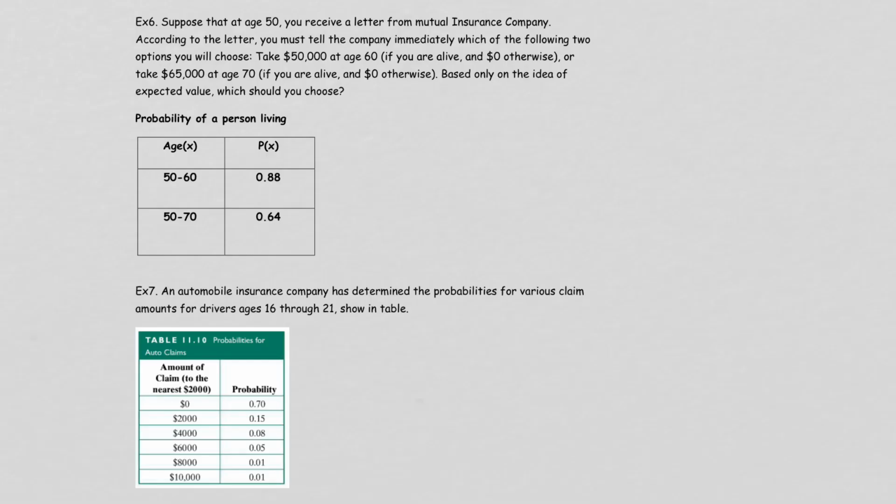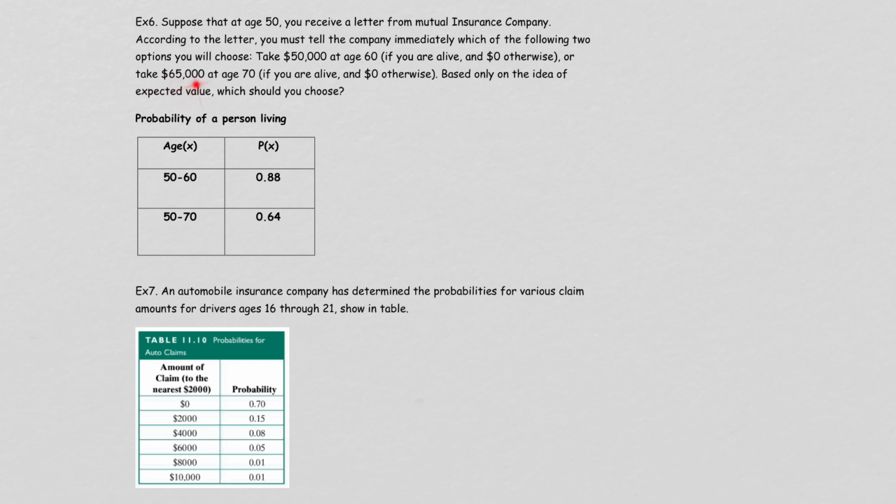Okay, I'm going to do one more problem, and this involves an insurance company. Suppose that at age 50, you receive a letter from the mutual insurance company. According to the letter, you must tell the company immediately which of the following two options you will choose. The first option, take $50,000 at age 60 if you're alive and $0 otherwise.